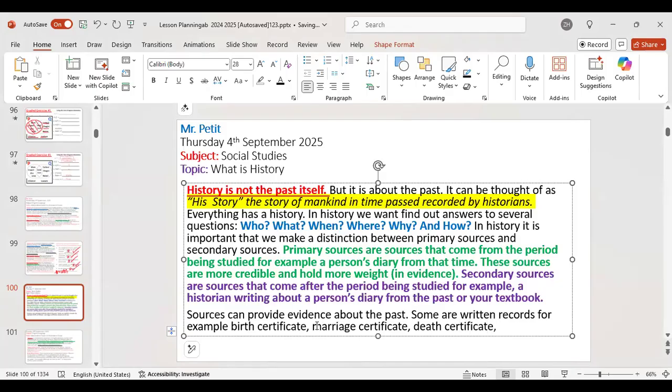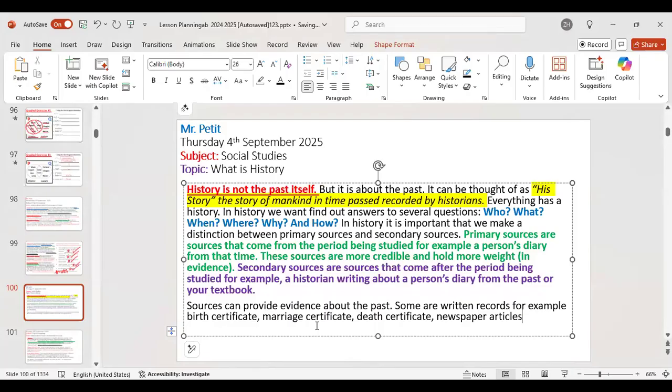Right? And then you have newspaper articles, right? All these, you use as sources. That's like the news. Newspaper articles, the diaries, right? What else could we use as sources?